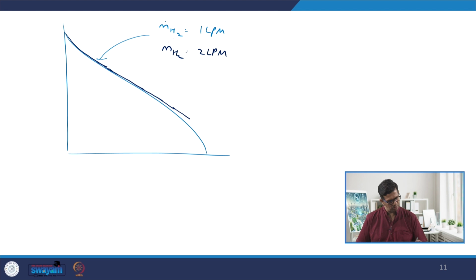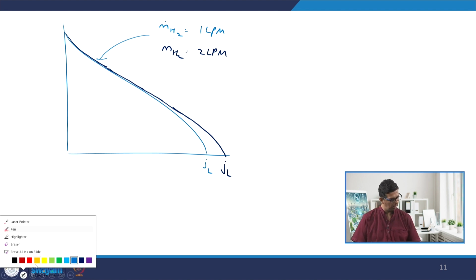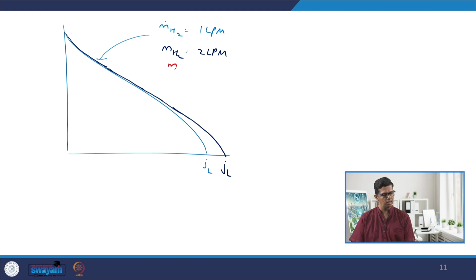However, it will go and have, so this is the corresponding JL for the 2 lpm flow rate, this is JL for 1 lpm, and what if the flow rate is increased to, let us say, 3 lpm?